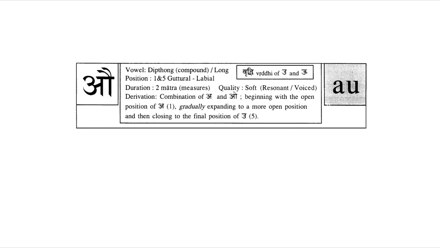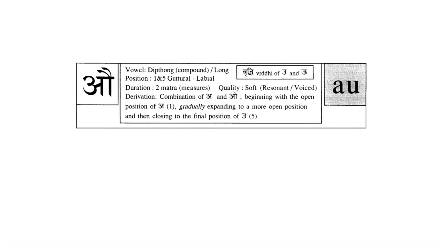By strengthening the guna with the primary power of A, we get the double strengthening, ao, or the complete expansion. Ao is the complete expansion, or the double strengthening of the original simple vowels u and oo. Ao is the vriddhi of u or oo.